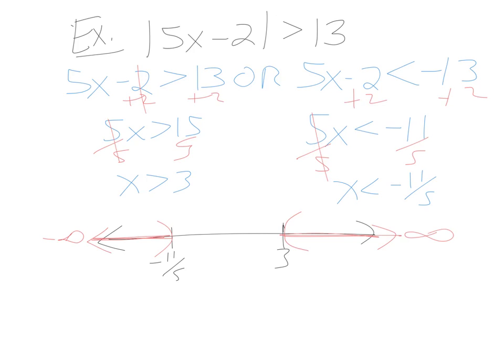Now interval notation. Left to right, start and stop. From left to right, it goes from negative infinity to negative 11 fifths, parentheses on both. The other section, left to right, goes from 3 to infinity, parentheses, and a union in the middle.